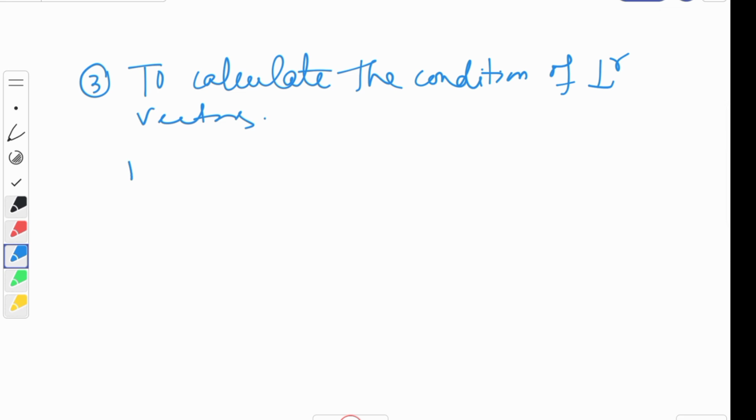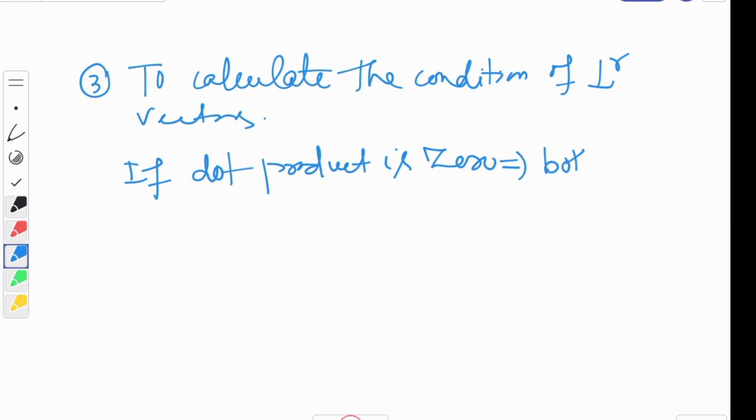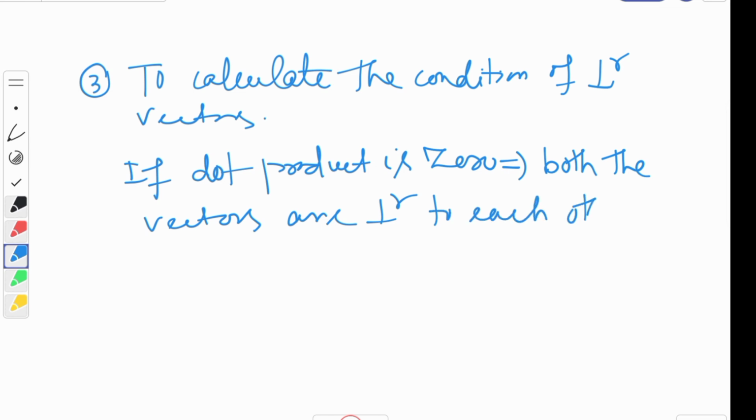So if the dot product of the vectors is 0, then both the vectors are perpendicular to each other. Clear, children? We'll see all the numericals, but not in today's video.